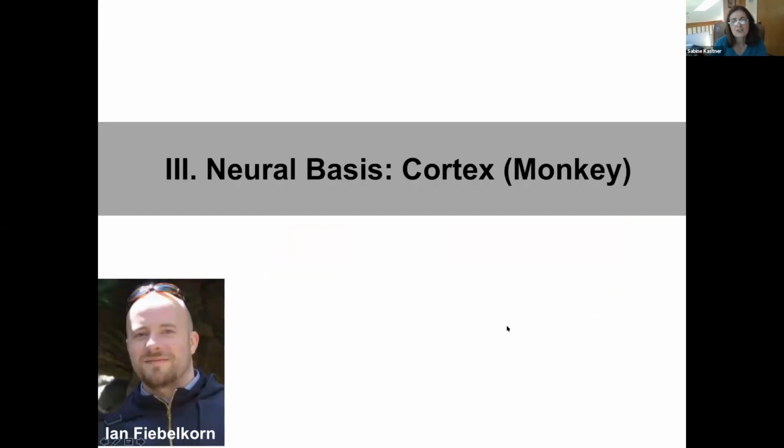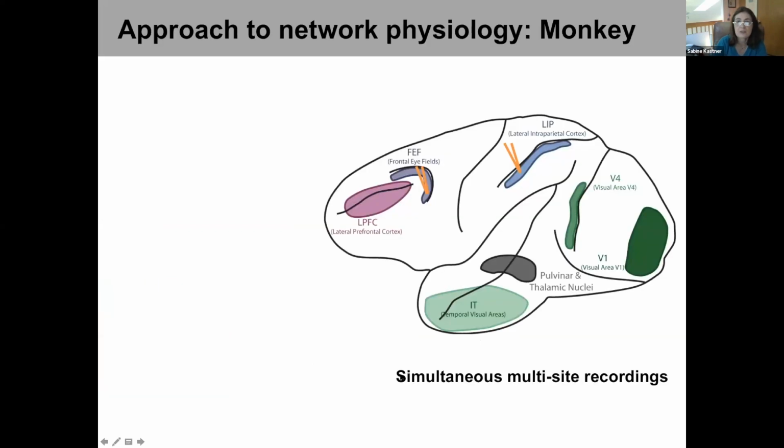Now, we wanted to see whether we could also study these signals in the monkey, and whether we could get a little bit more specific information about the neural basis with the many opportunities that this particular animal model offers. And again, this is Ian Fiebelkorn's work.